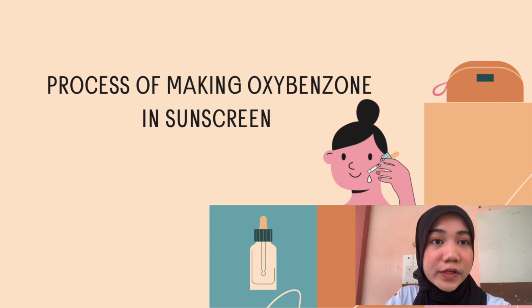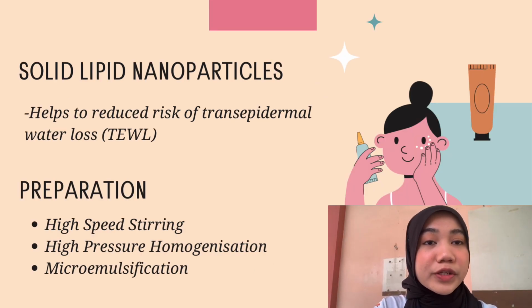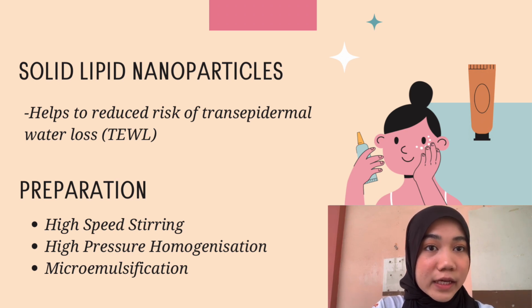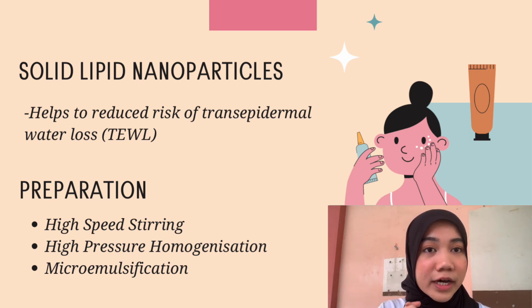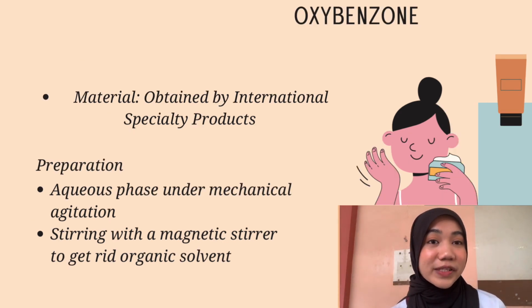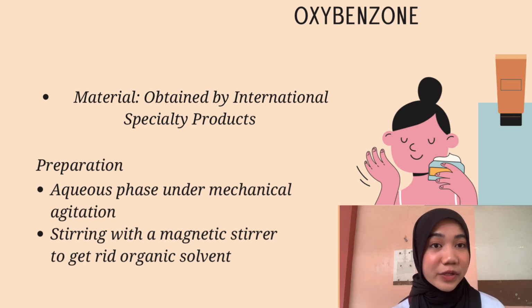So this is the process of making oxybenzone in sunscreen. In the formulation, there are solid lipid nanoparticles (SLN) that help to reduce the risk of transepidermal water loss (TEWL), and then the preparation to make SLN. There are three methods: high speed shearing, high pressure homogenization, and microemulsification. The oxybenzone material was obtained from International Specialty Products, USA.